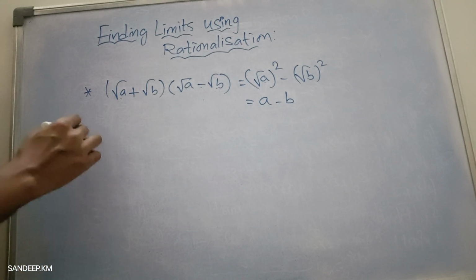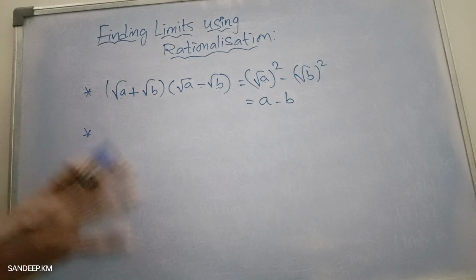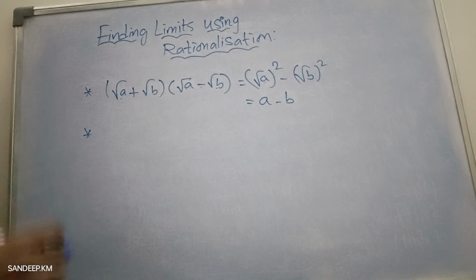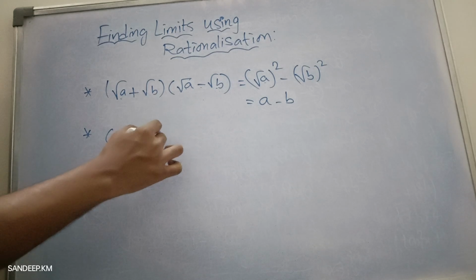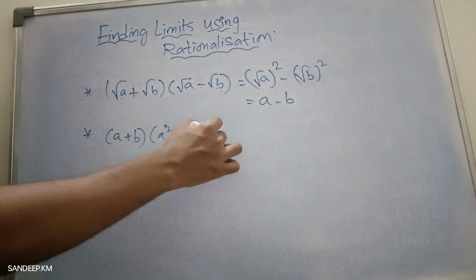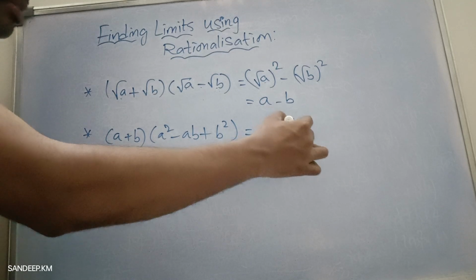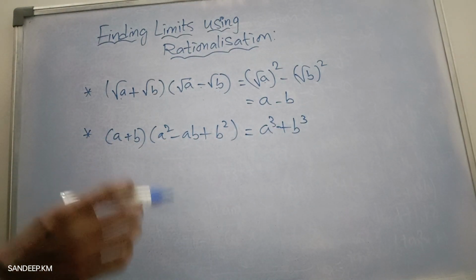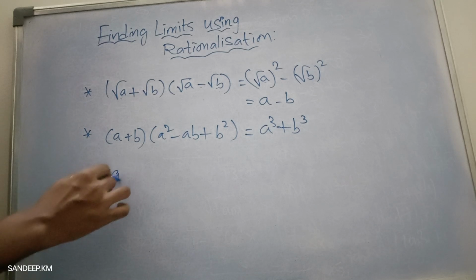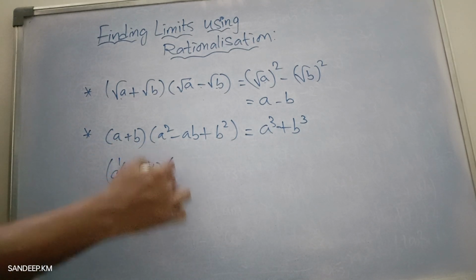Now similarly, a few more things that you must remember so that the solution becomes easier. We know that (a plus b) into (a square minus ab plus b square) is equal to a cube plus b cube. Using this identity, dear students, instead of a take a power 1 by 3 and instead of b take b power 1 by 3.